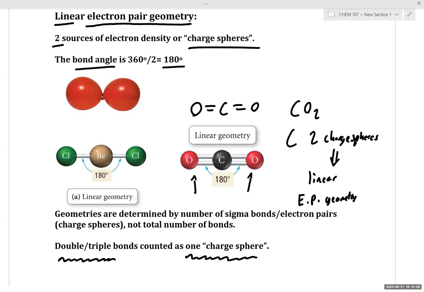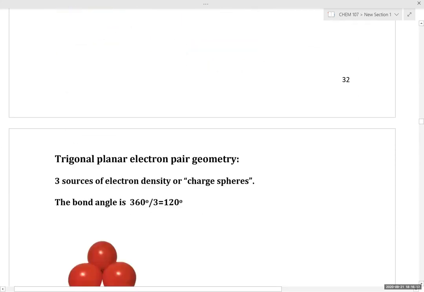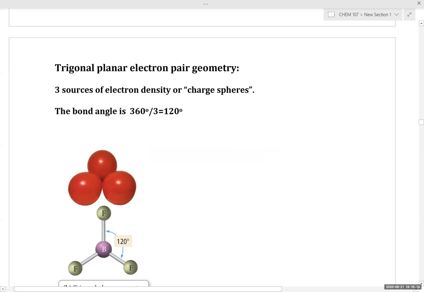Does this first geometry make sense to everyone? Does everyone understand the key pieces of information? The charged spheres and bond angle. Those are the two things you need to focus on. Okay, so let's look at another. The next electron pair geometry is known as trigonal planar.